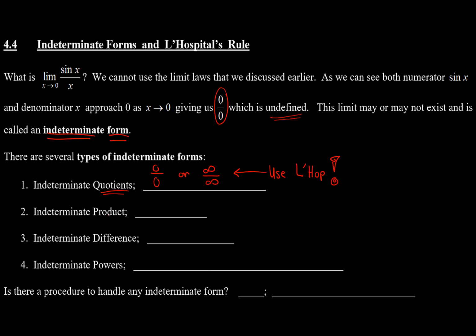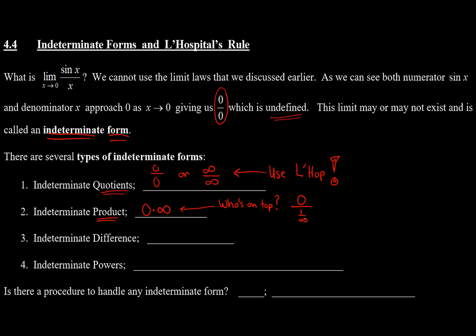The next type of indeterminate form is an indeterminate product. So for example, if we have 0 times infinity, what we actually need to do is play a little game. Who's on top? Basically we pick one of them to stay on top. That one becomes 0. And then we put the next one on the bottom.